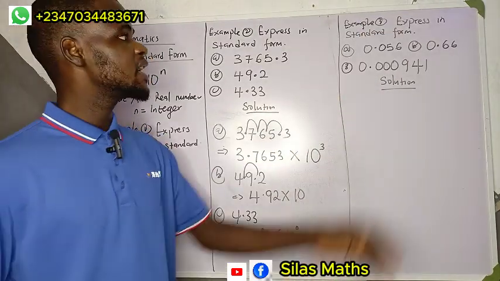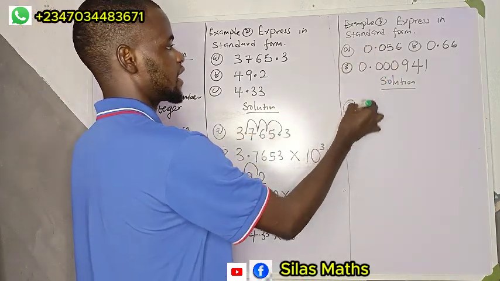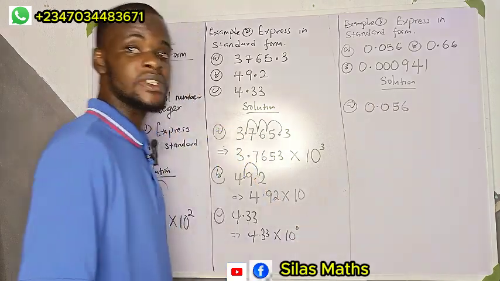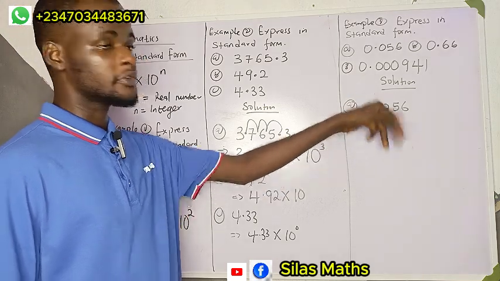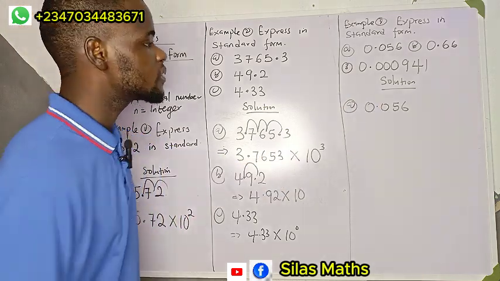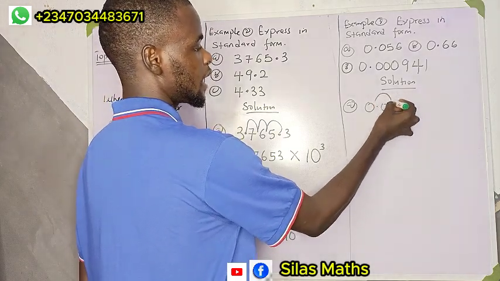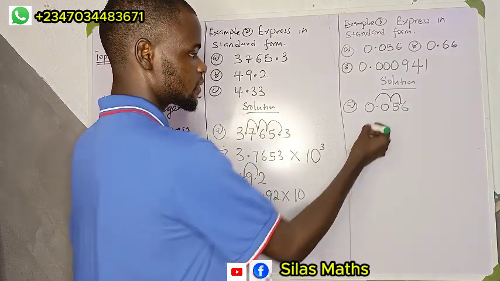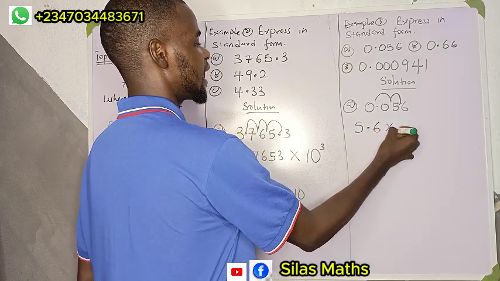The question reads, express in standard form. A, I have this number 0.056, and remember what we said, that for us to express this in standard form, we need to move the point in front of the first non-zero digit. So let's go ahead and move the point. Let's go from this place, we move 1 and 2, so in front of the first non-zero digit 2 times, so the new number becomes what? 5.6 times.